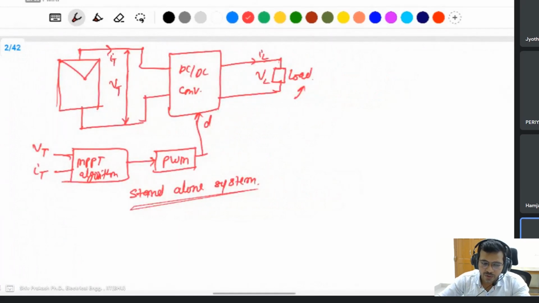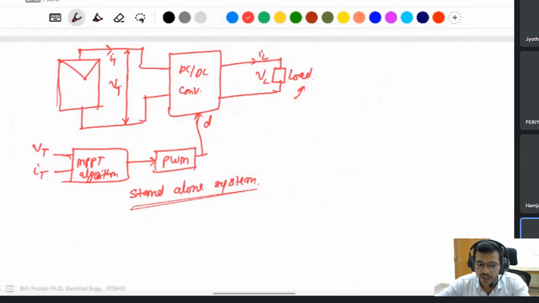But sometimes you generate a large amount of energy and you want to supply it to the grid, then this is the grid-connected PV system. Because the PV system generates DC voltage, to convert to AC you require an inverter, and you must control the inverter in such a way that the power is supplied from solar to the grid, not from the grid to the solar.